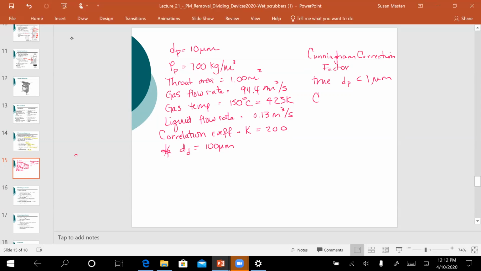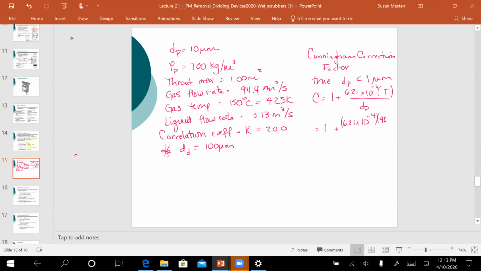And this is equal to 1 plus 6.21 times 10 to the minus 4 times the temperature in Kelvin divided by the diameter of the particle in microns. So this is equal to 1 plus 6.21 times 10 to the minus 4.